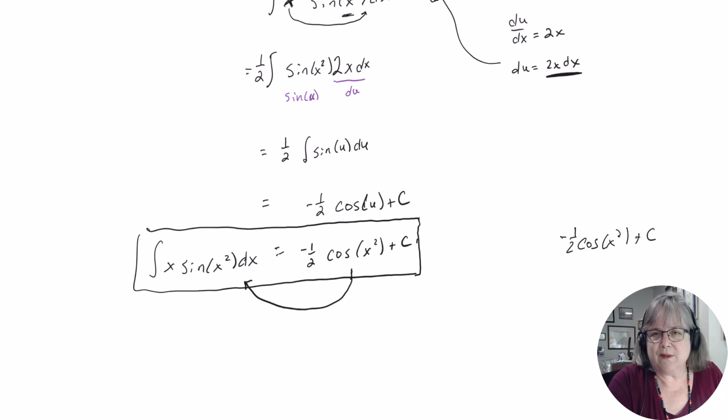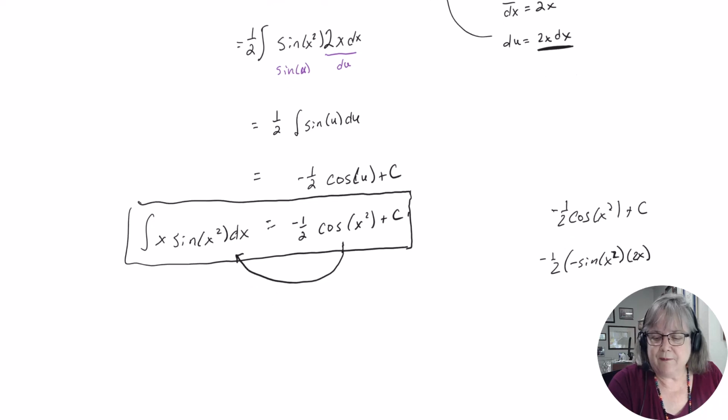Remember, the derivative of c is going to go away. So you'd have negative 1/2. The derivative of cosine is negative sine. Leave the inside alone. Loop back in and take the derivative of the inside, right? So these two negatives make a positive. This 2 and this 2 cancel, and you have x sine x squared.